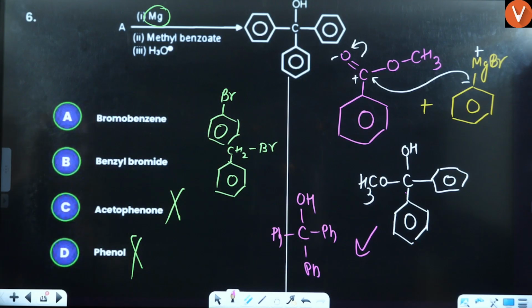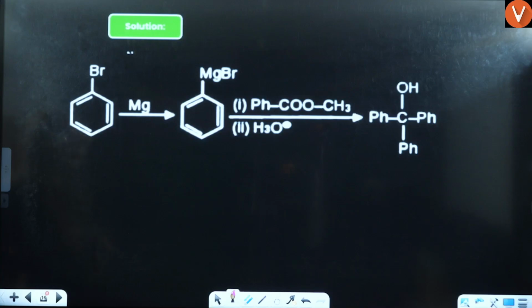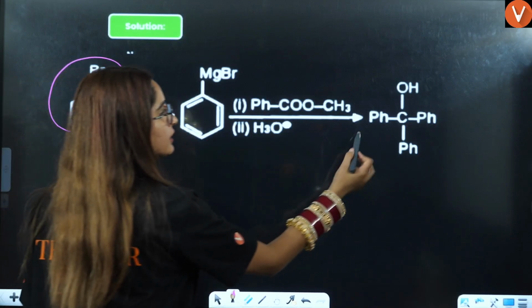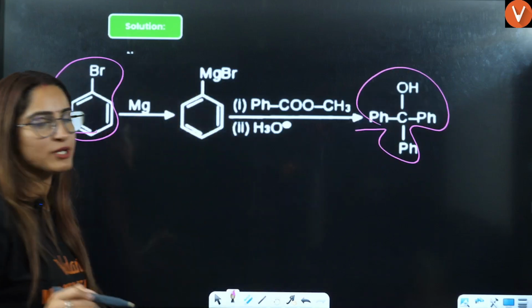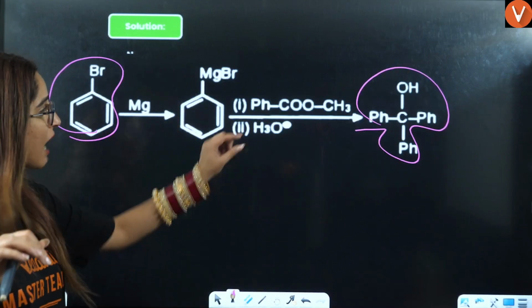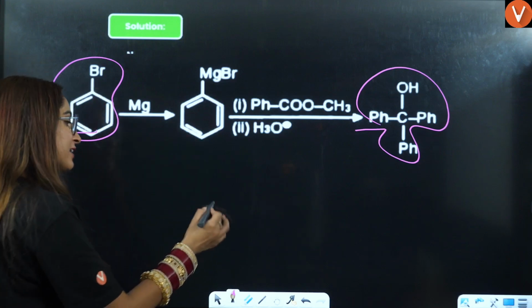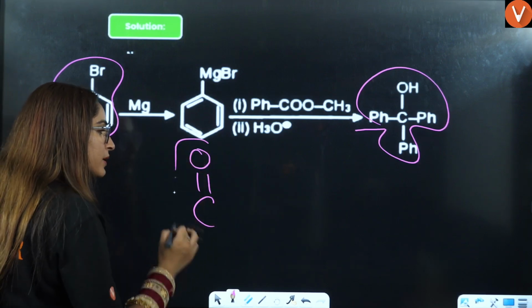So the only option that I can see here is bromobenzene, right? So bromobenzene has to form the Grignard reagent, and then you will have the formation of this, where the Grignard reagent attacks the carbonyl carbon here.